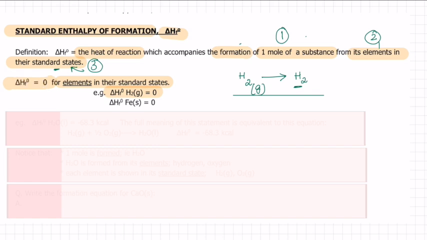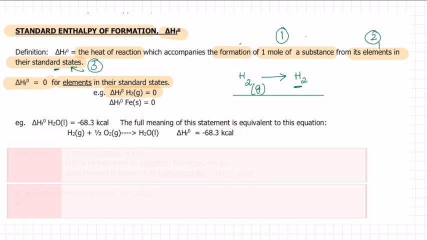Let us look at an example. If someone tells you that the delta H naught formation for water is negative 68.3 kilocalories, then what this means is that when 1 mole of water is formed from its elements, which are hydrogen and oxygen, and both of those elements must be in their standard states, so at room temperature hydrogen and oxygen are both diatomic molecules and both gases.